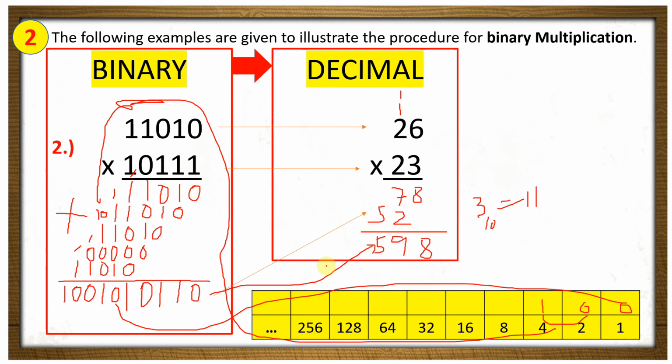So let us actually write the value here. This is 0, 1. Our answer is 1, 0.